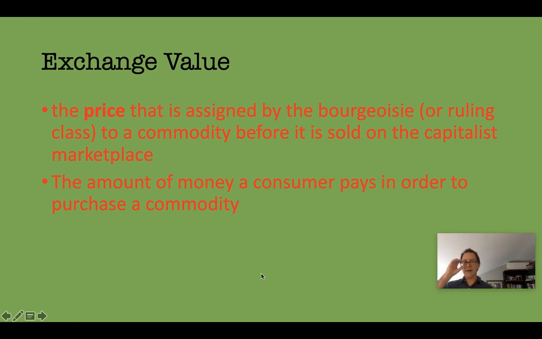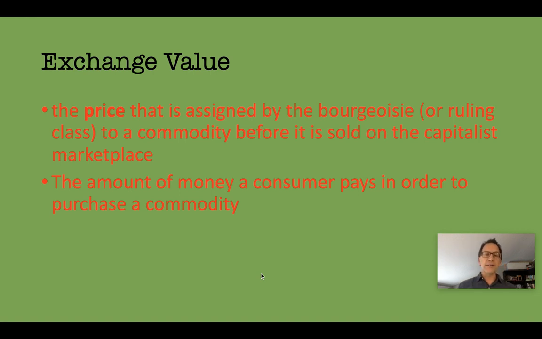So the second aspect of a commodity, exchange value, is pretty straightforward. It's the price. So I have price written in bold here. So what is exchange value? You could simply say it's the price of a commodity, or refers to the price of a commodity, or is the price that is assigned by the bourgeoisie or ruling class to a commodity before it is sold on the capitalist marketplace.